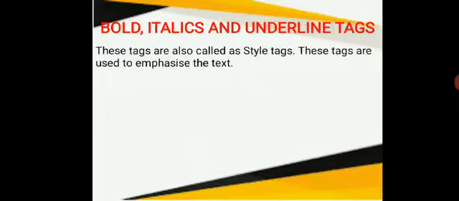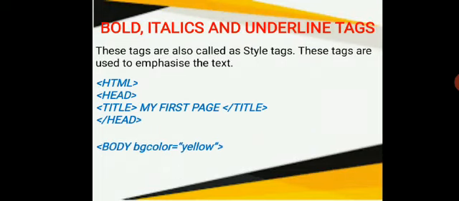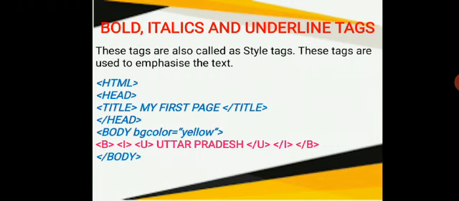Now students, we will learn bold, italics and underline tags. These tags are also called style tags, meaning they are used to emphasize the text. To make the text bold, we use B tag, italics I, and underline is U. Here in this code, I want Uttar Pradesh to be bold, italics as well as underlined.